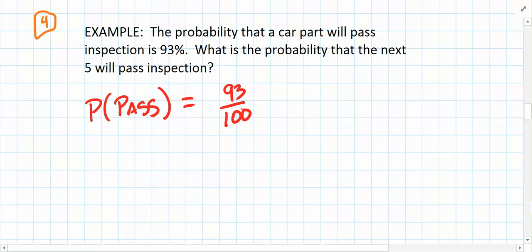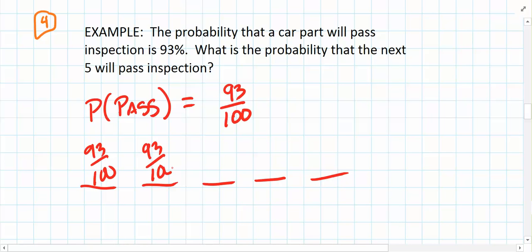The next 5 events, and I want them all to be a pass. Well, that's 93 out of 100 for the first, 93 out of 100 for the second car part, 93 out of 100 for my third, for my fourth, and similarly 93 out of 100 for my fifth.